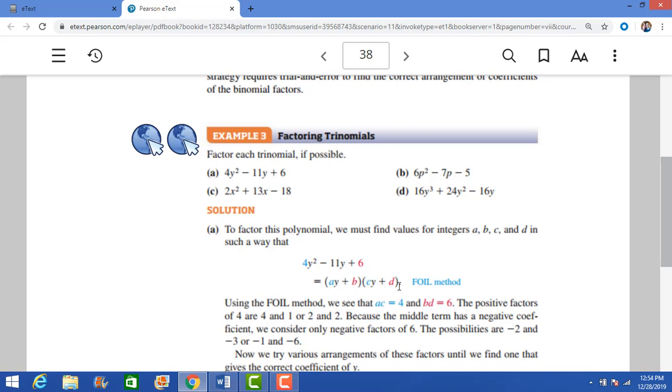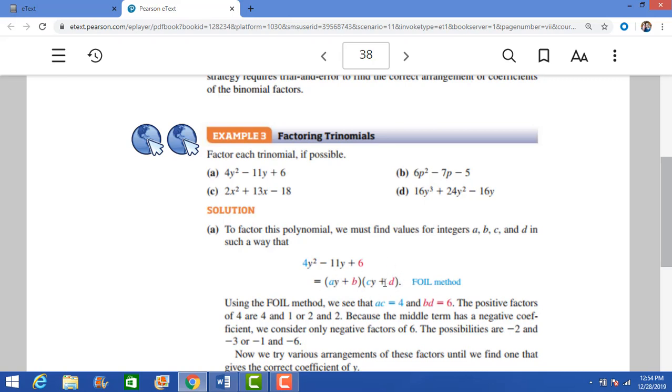We have to have a y in the first terms, because the first terms are multiplied, and the last term has to be a constant, because there's no variable in the last terms multiplied. So we have to have something like this: (ay + b) times the quantity (cy + d).